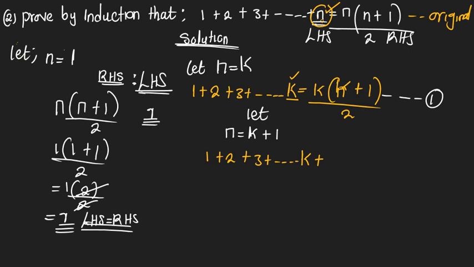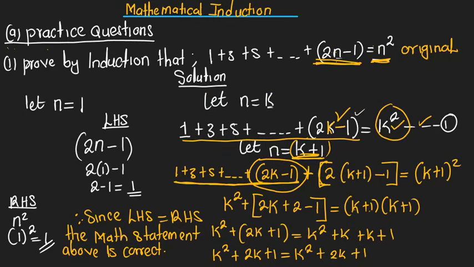Where there is n, we said we are replacing with this, so I'm going to replace k plus 1. Then I say equal to, where there is n there, I'll use the original equation, which is here. I won't use this; I'll use that. Even here, that's what we did. We are using the original equation.